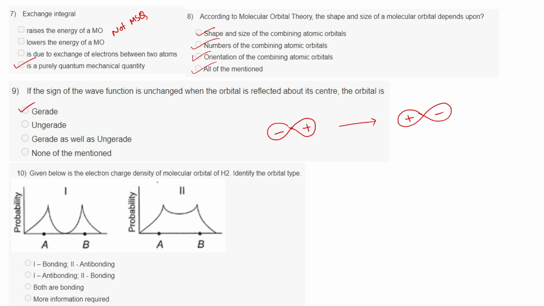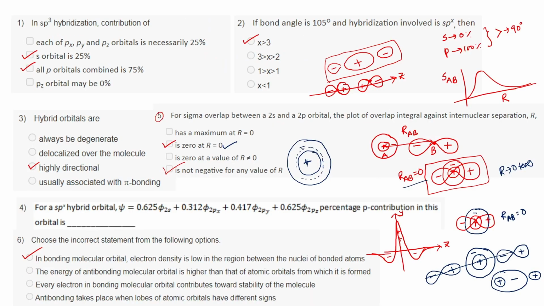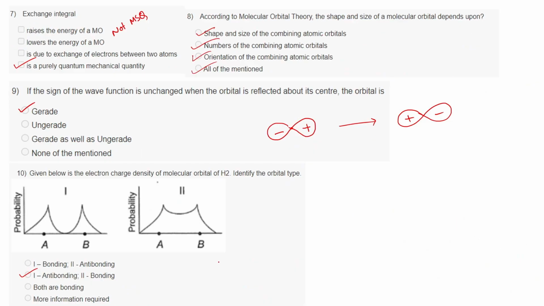So what do you think? Which one is bonding? Which one is antibonding? First one antibonding, second one bonding. Right, correct. I think this was also one of the first questions, question number 6: in a bonding molecular orbital, electron density is low. That is why this is incorrect, right? In a bonding molecular orbital, electron density is high in between A and B.